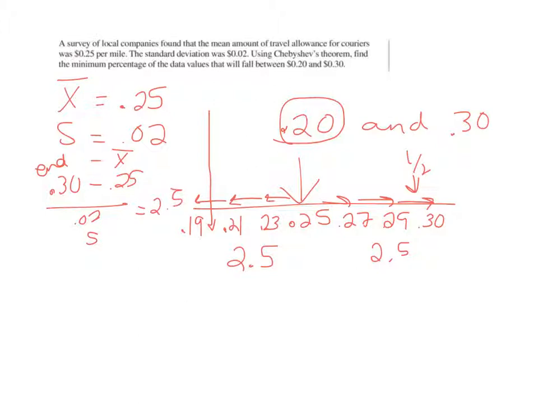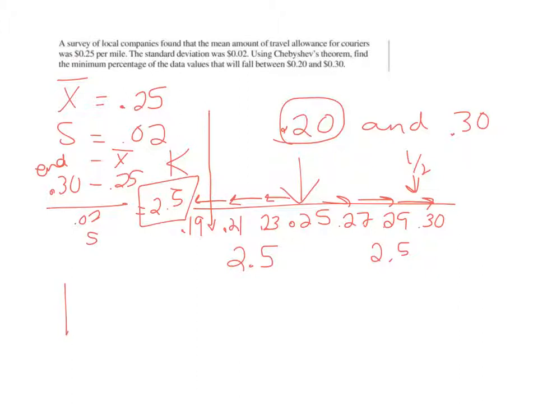So I wouldn't have to draw out the picture. I could use this little formula to find out how many standard deviations away from the mean I am for either of these points. And now that is my k. I'm going to plug that into Chebyshev. I'm 2.5 standard deviations away from the mean.